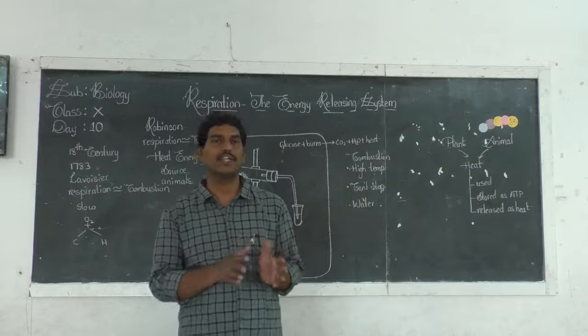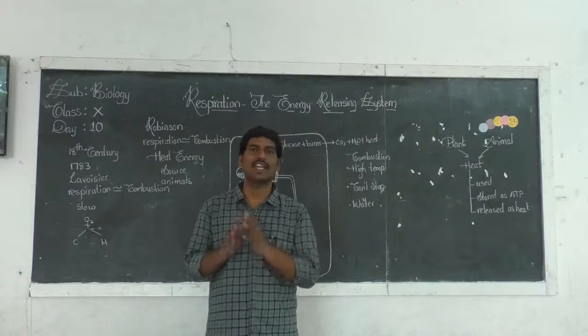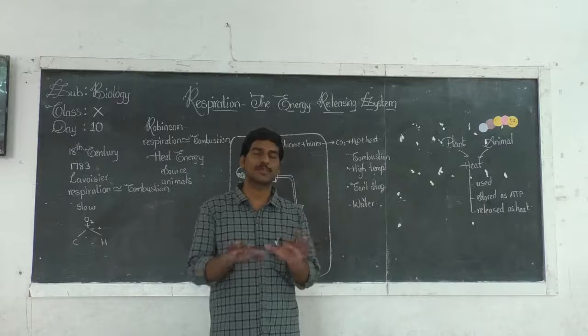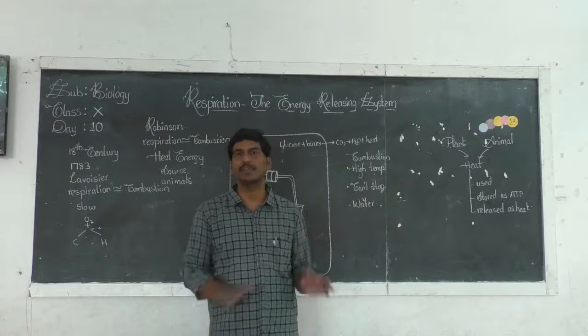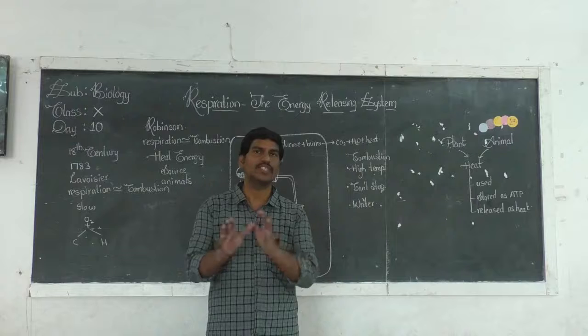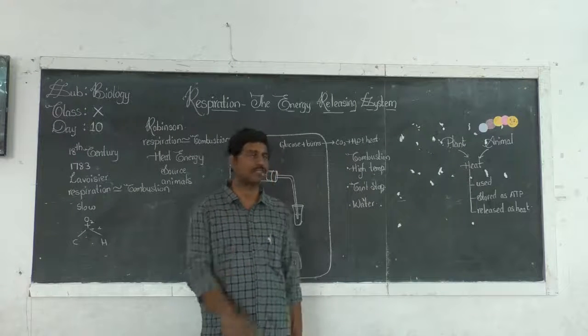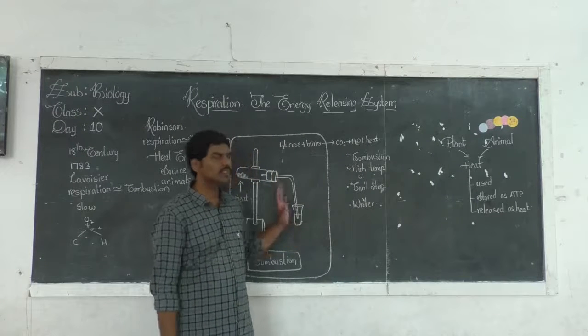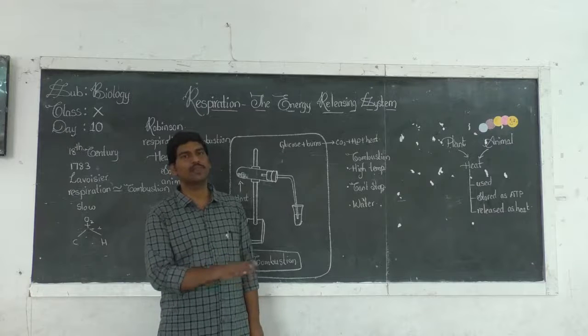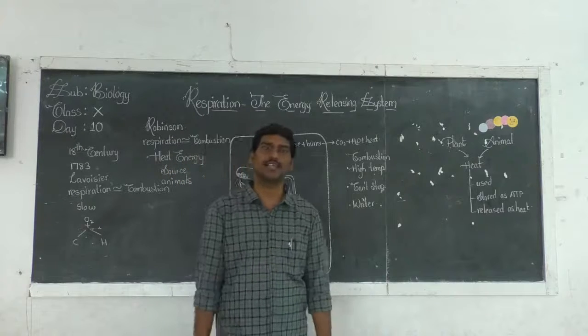The cytoplasm of the cell contains a large amount of water, and within this water only the respiration process takes place, but water doesn't interrupt any of the respiration steps. Clear? These are a few differences we can compare between respiration and combustion.